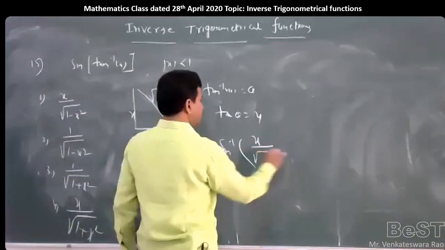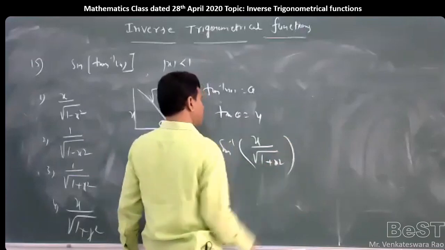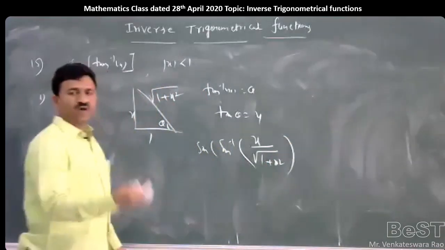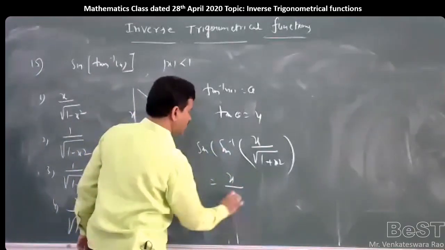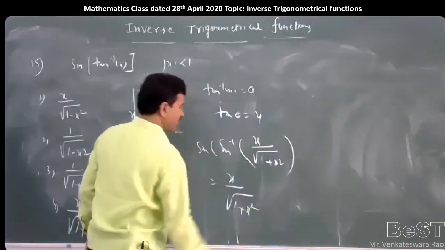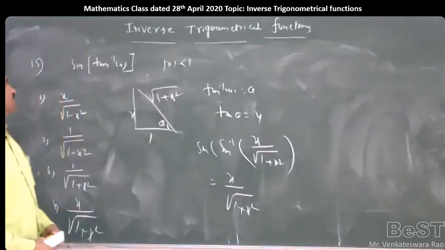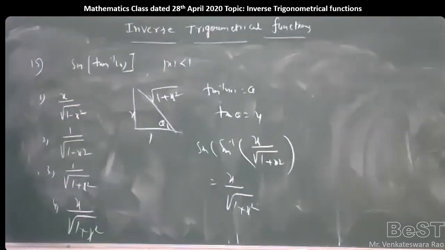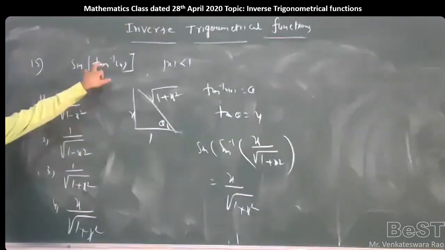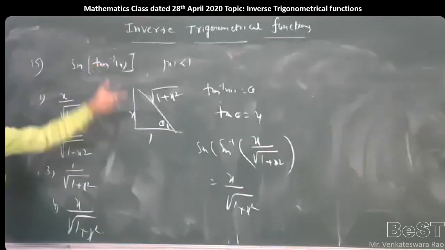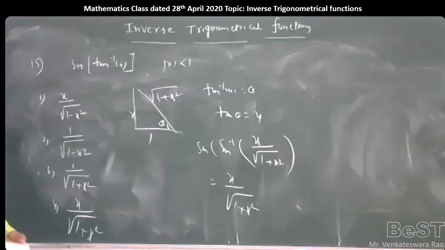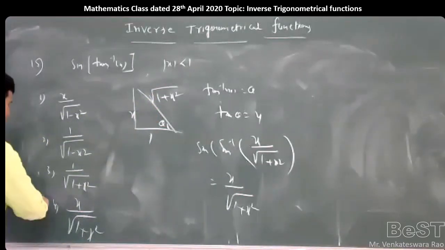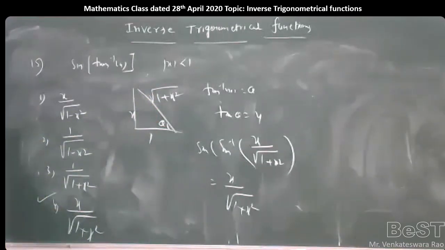So x by square root of 1 plus x square. Sine of sine inverse, cancel them. So answer is x by square root of 1 plus x square. Based on conversions, sine of tan inverse, converting this tan inverse to sine inverse: opposite side by the hypotenuse. Last option. X by square root of 1 plus x square.